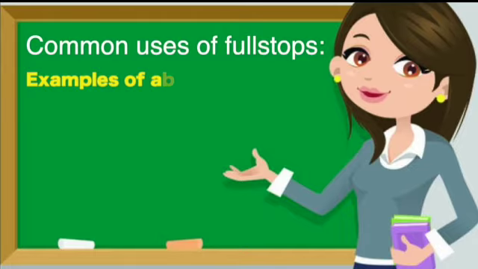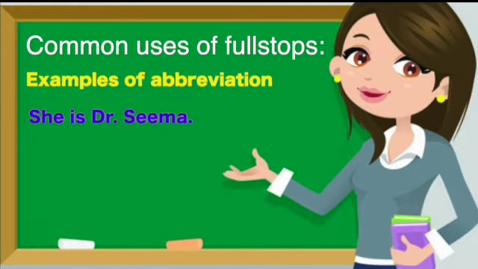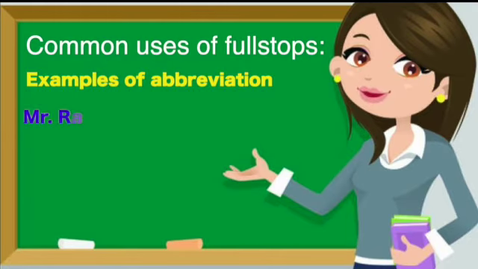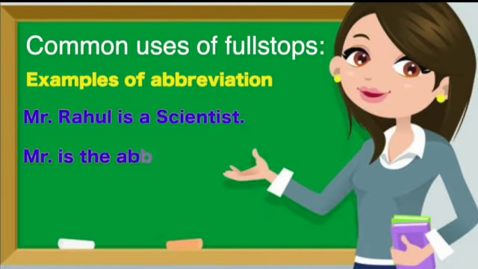Children, examples of abbreviation can be she is Dr. Seema. In this example, Dr. is the abbreviation for doctor. Another example is Mr. Rahul is a scientist. Here, Mr. is the abbreviation for Mister.